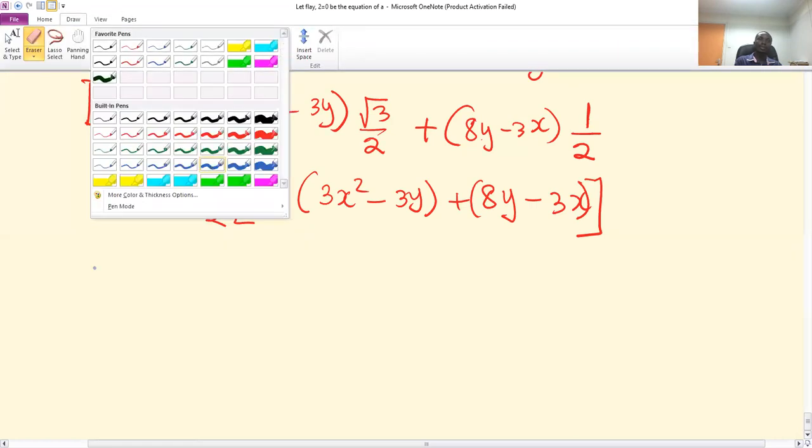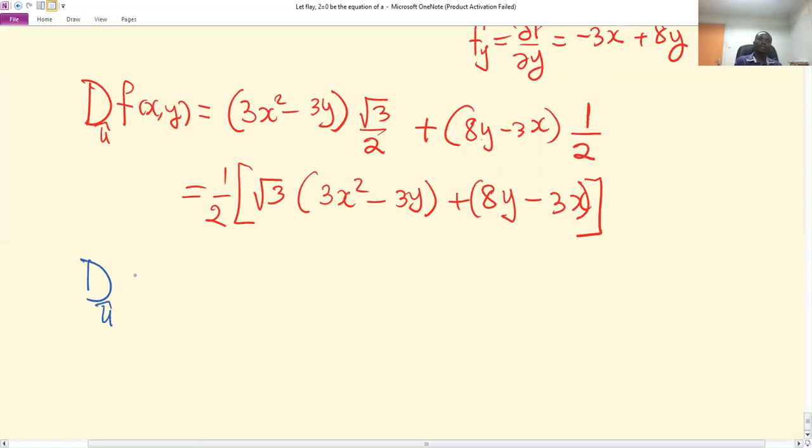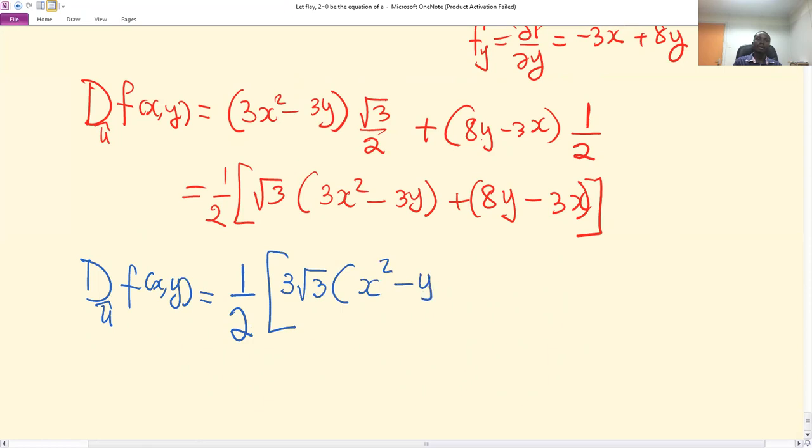The directional derivative of the function in the direction of u is a half into 3 root 3 (x squared minus y) plus 8y minus 3x. So this is what we have.